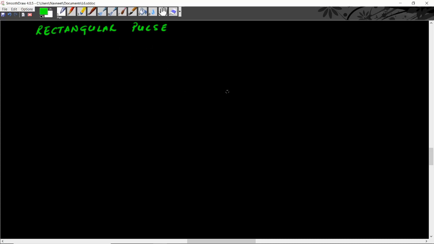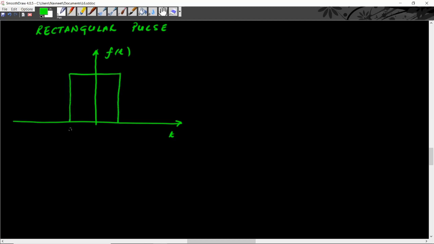Now let us consider this pulse of time duration a, and this pulse is of rectangular shape and the amplitude is capital A.